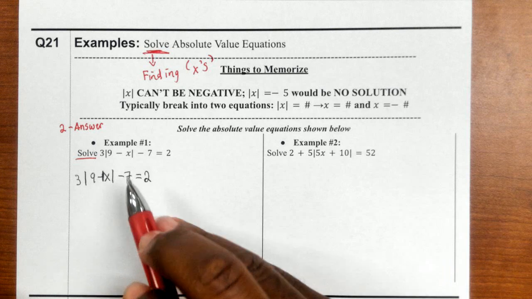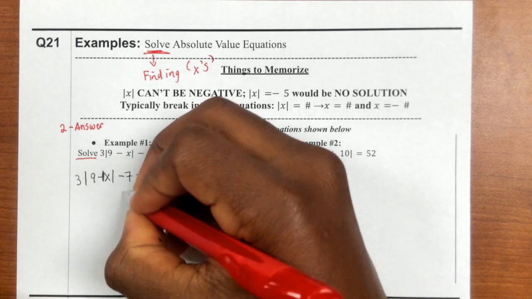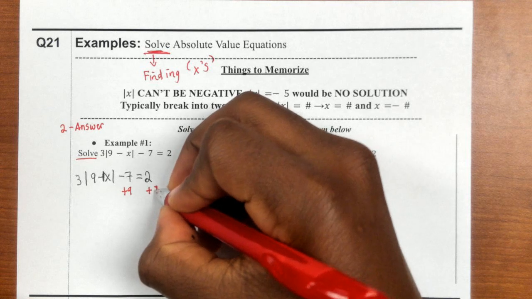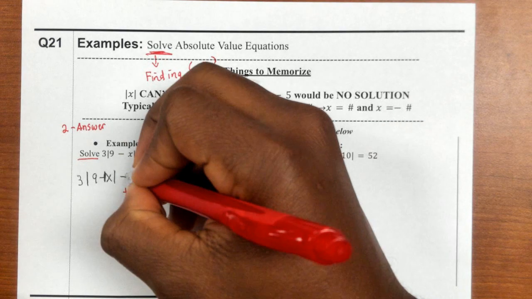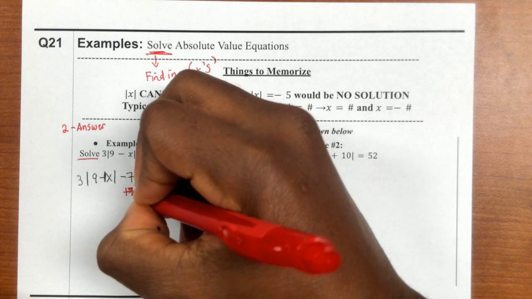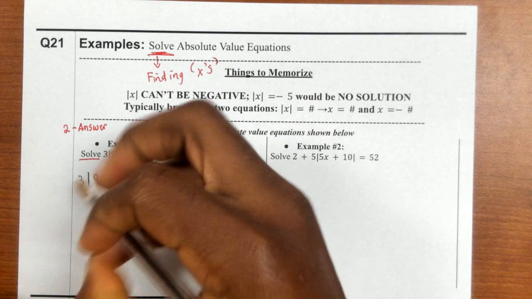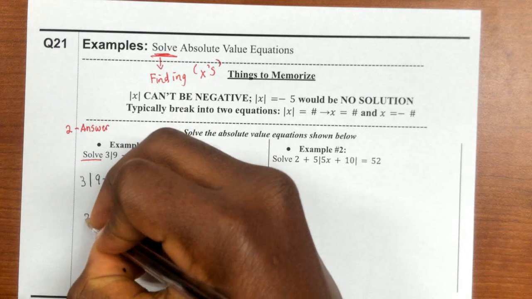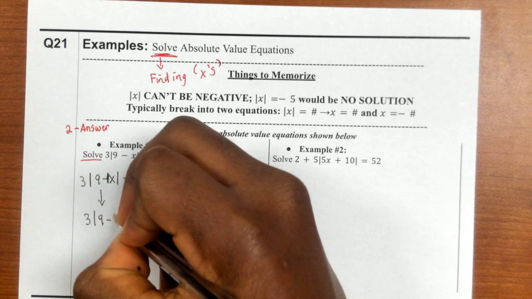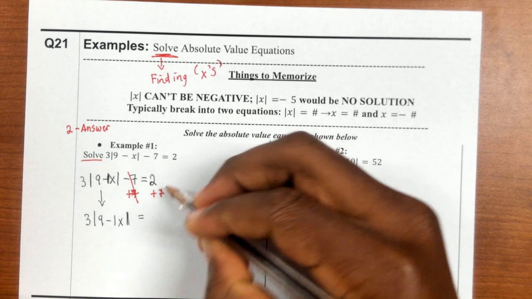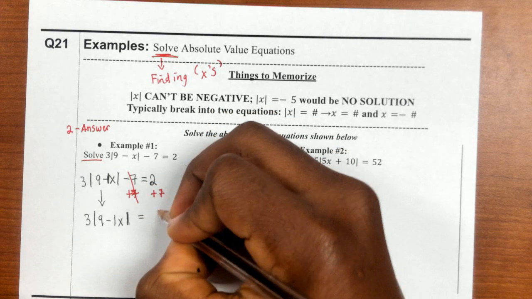To move away a -7, I would firstly add 7 to both sides of my equation. This gets canceled, and my 3 absolute value of 9 minus 1x, I would bring down. 2 plus 7 is 9.